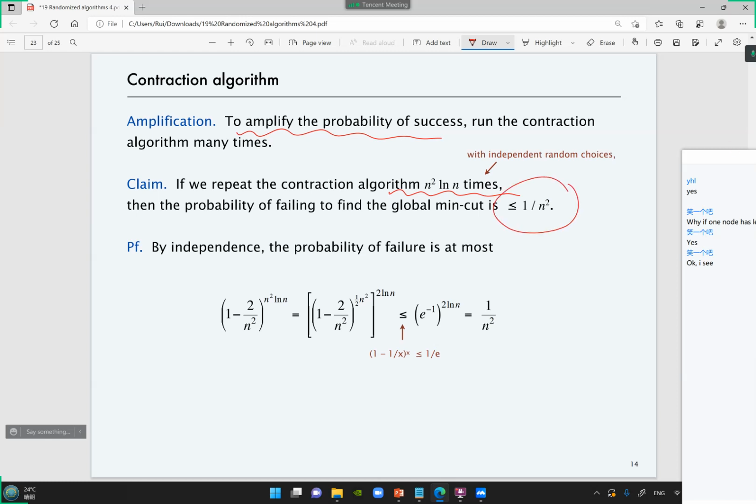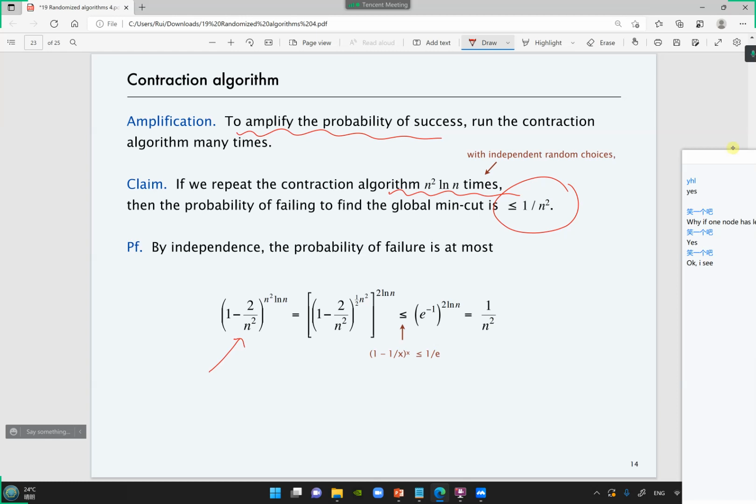It's going to be at most 1 over n squared. And the reason for this is simply that each time you run this algorithm, you have a 1 minus 2 over n squared probability of failing, of not finding the min cut.